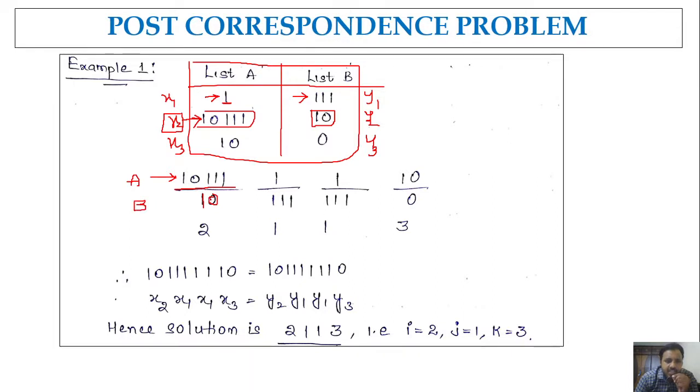Here, if you observe, the first symbol 1 in list A matches the first symbol in list B. The second symbol in list A is 0, and it matches the second symbol in list B, that is 0. So both are the same, right?